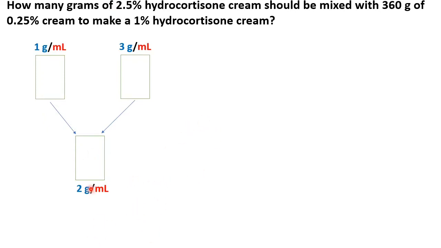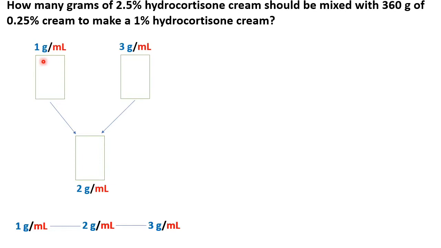By looking at the resultant density, we can find that it is in the middle of these two. 2 is in the middle of 1 and 3. So by logic, to make a solution whose density is in the middle, we should mix equal volumes of this solution and this solution. This is very simple.